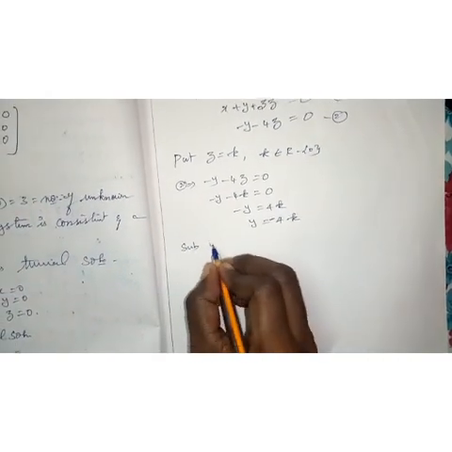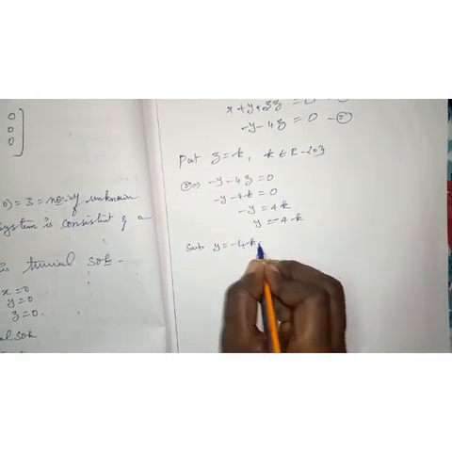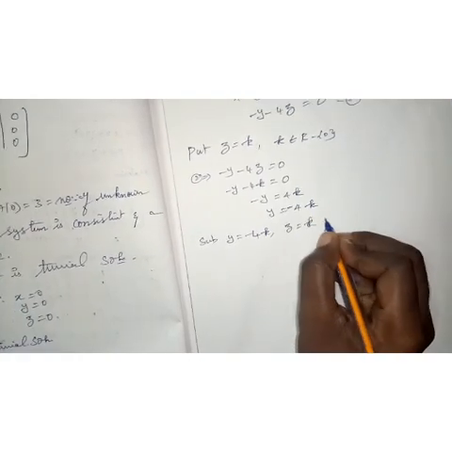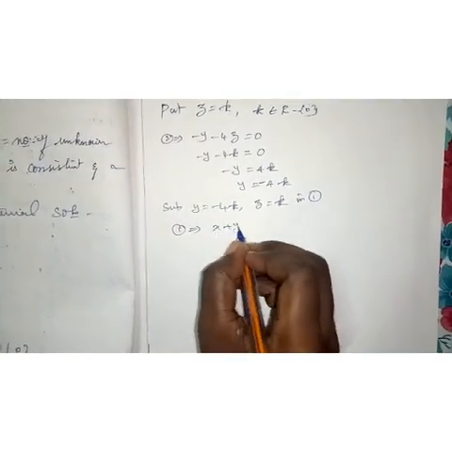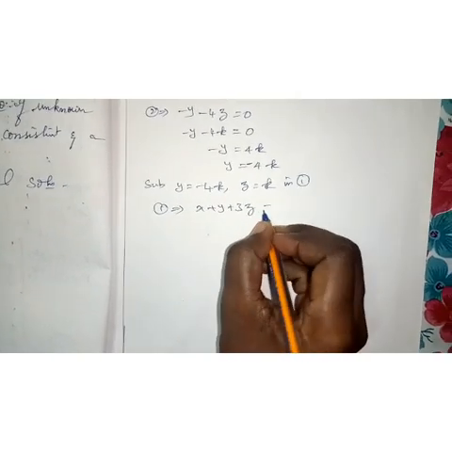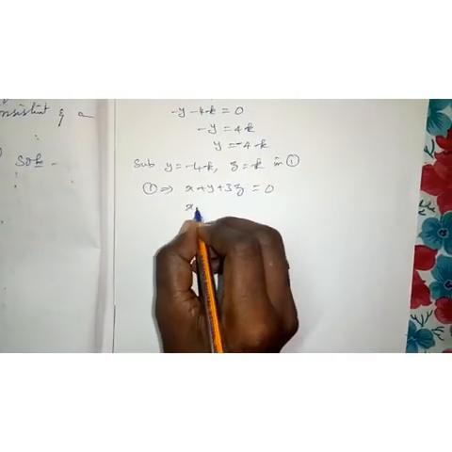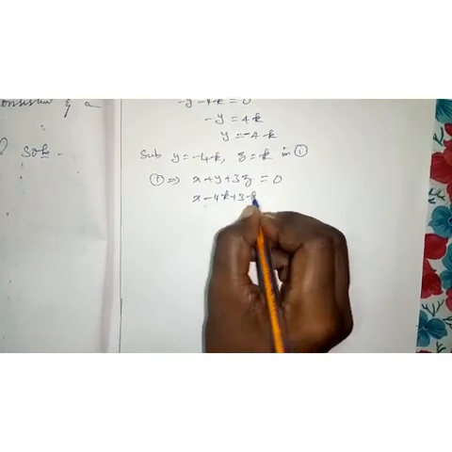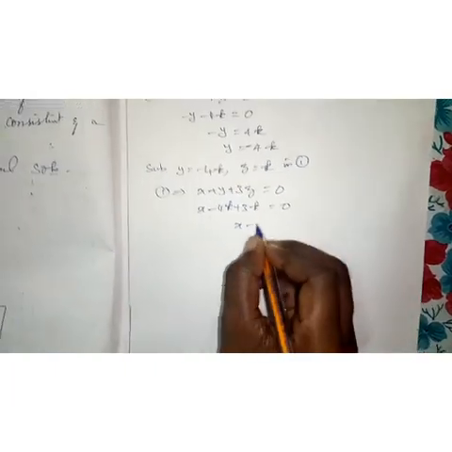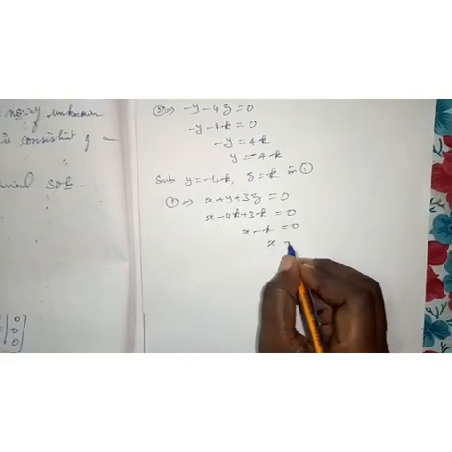Substitute y equal to minus 4k, z equal to k in 1: x plus y plus 3z equal to 0, x minus 4k plus 3k equal to 0, x minus k equal to 0, x is equal to k.